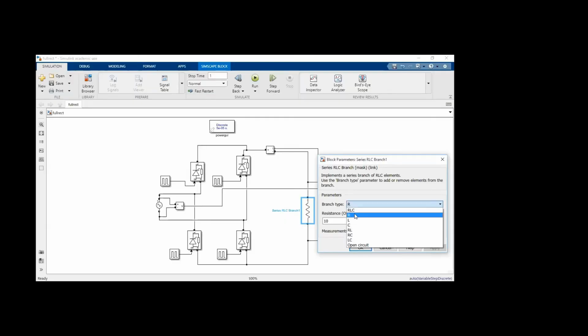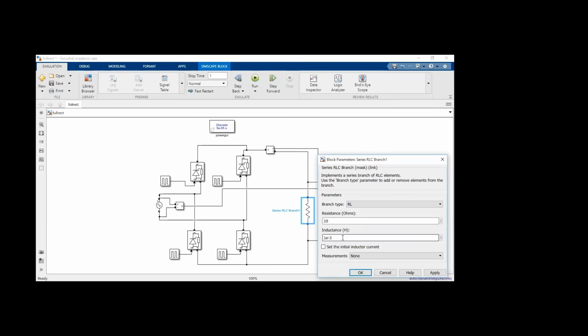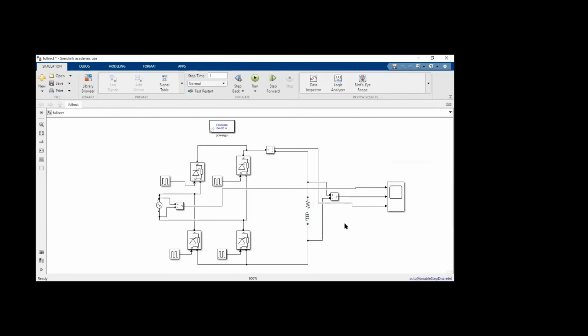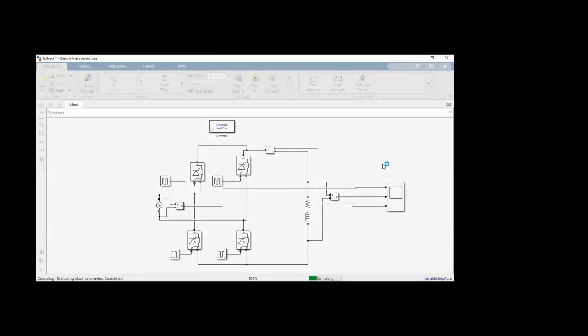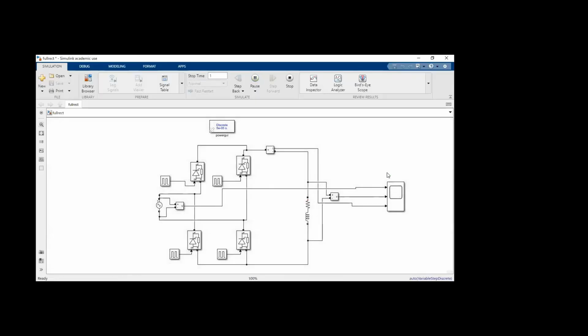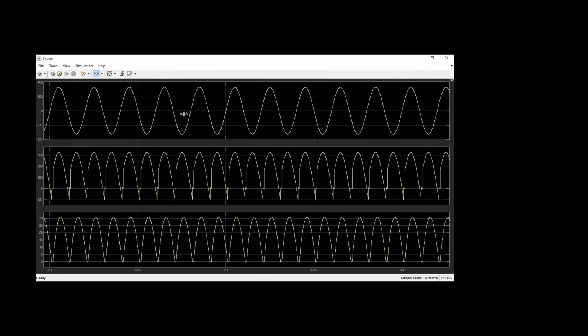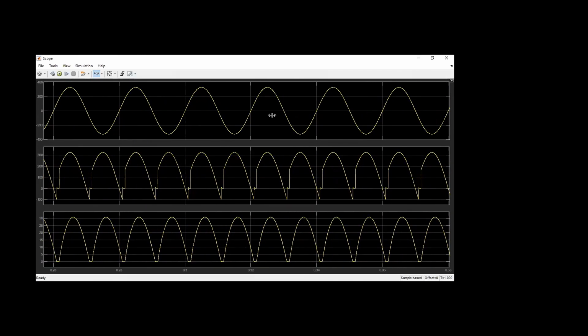If you want the same with RL load, just replace R with RL load. If you keep 1 e power minus 3, it will not work, so keep 10 e power minus 3. If you keep 10 e power minus 3 and run the model, this is a full wave rectifier with RL load.